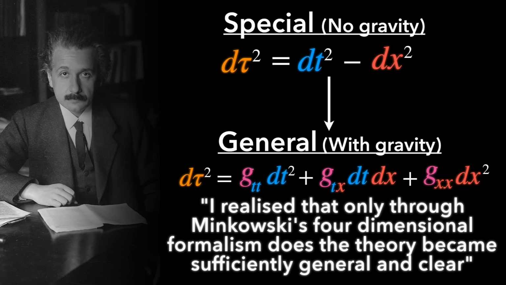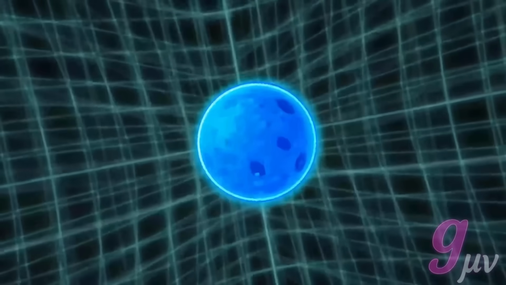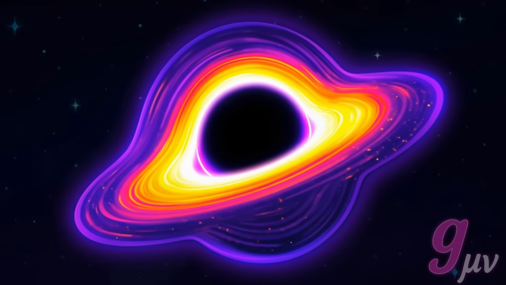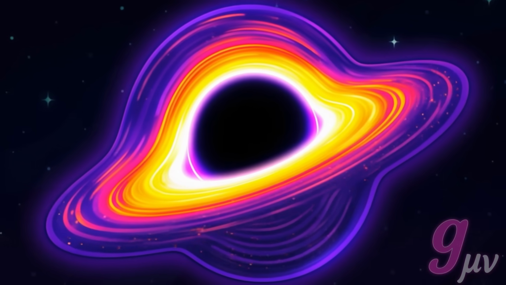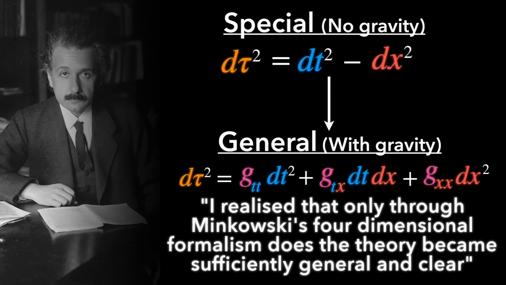So Einstein not only embraced his idea, he took it to an entirely new level, creating general relativity, the most successful model of the universe we have even today. So although Minkowski unfortunately never lived to see it, the very idea that Einstein had dismissed as unnecessary became the foundation for his greatest achievement.